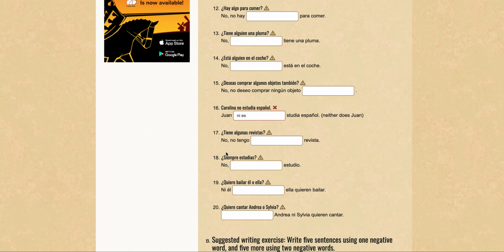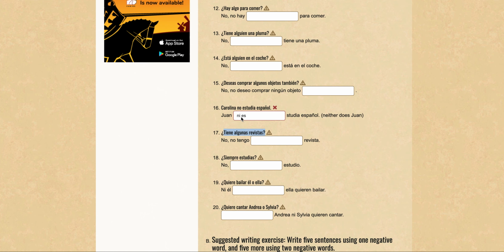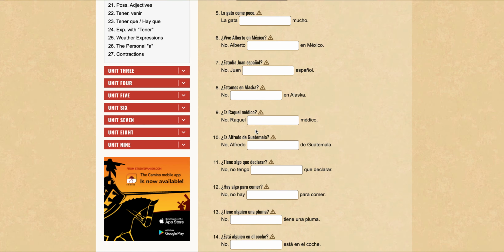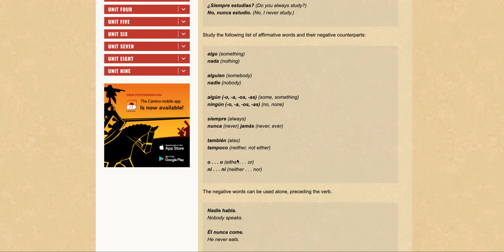So the other one was 17. "¿Tiene algunas revistas?" So let's see what it means. Okay, "revistas" is magazines. "¿Tiene algunas revistas?" Do you have some magazines? So let's go back and see what the opposite of "algunas" is.